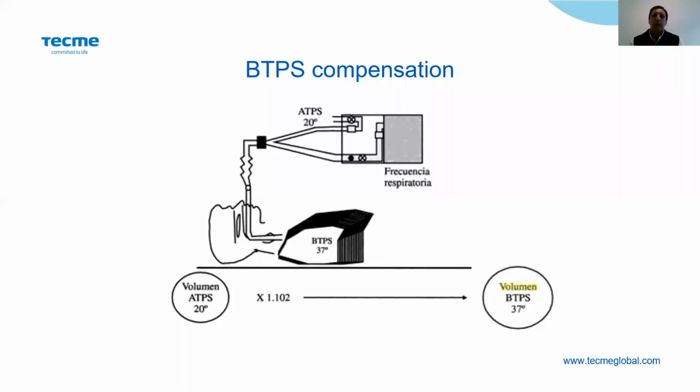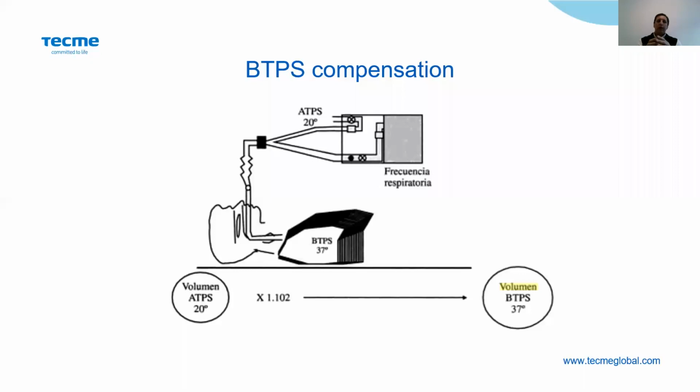Well, it was not so easy, or maybe my explanation was not so clear. The correct answer is that the delivery of tidal volume done by the machine is going to be lower than we have set. Why? Because when I set 400 milliliters in the machine, the machine is going to deliver a lower tidal volume, around 360 milliliters.